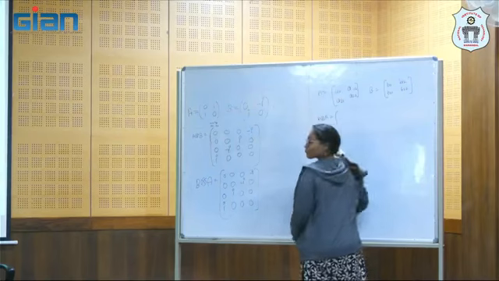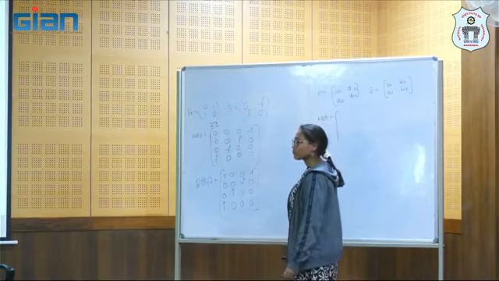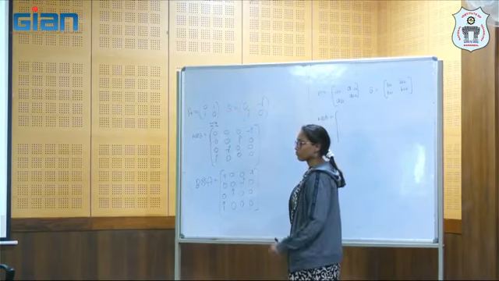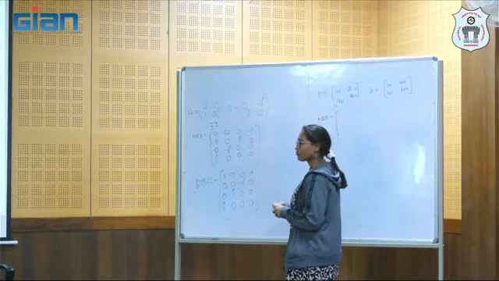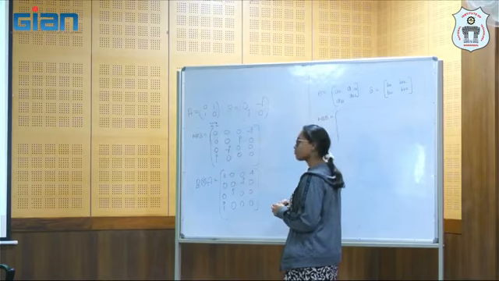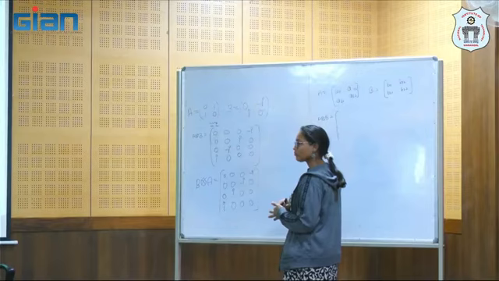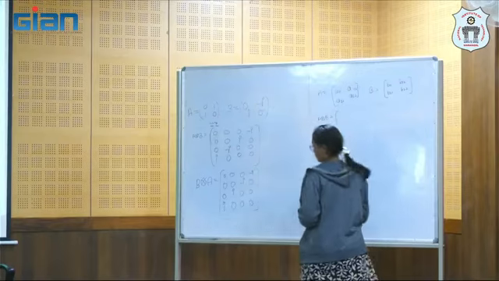Okay, maybe because this is going to be big, maybe let us do like this. Take A to be just a row vector, take B to be a column vector.